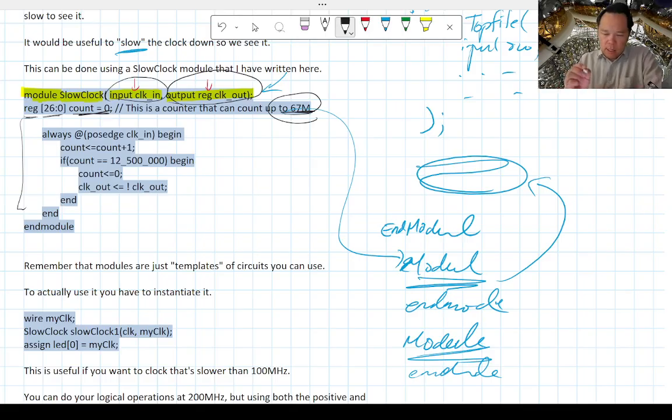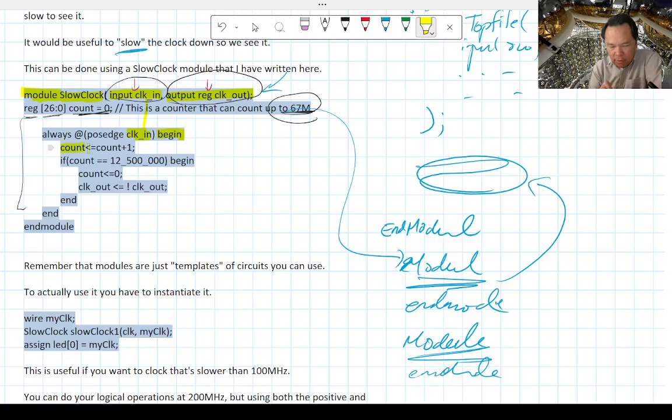Okay. Since we're dealing with a register, in order to change a register, you have to be using an edge of a clock. Okay. And that's the edge of the clock in from here, right? You can see that direct connection there. So we're using the positive edge of this clock. So always at the positive edge of clock in, which is the input clock, okay, start doing something. Okay, what am I doing?